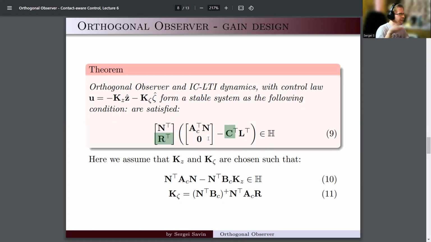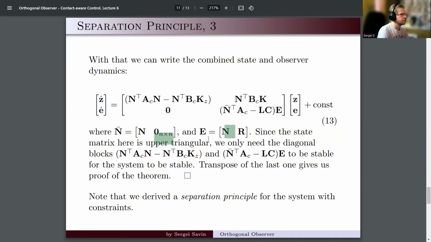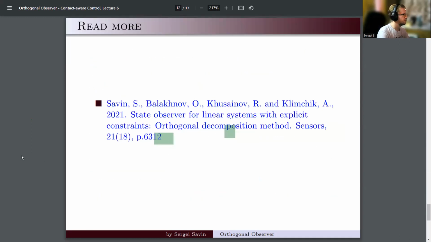You can just clear them out of your equations, like velocities associated with the contact are always 0, right? And it can be done automatically. In the paper, you just have direct recipes, which are one-liners. They're very simple. So if you are interested, you can read the paper and you would see all this information there.